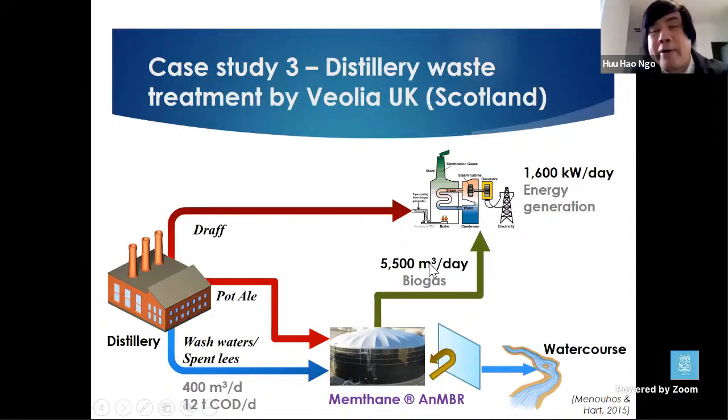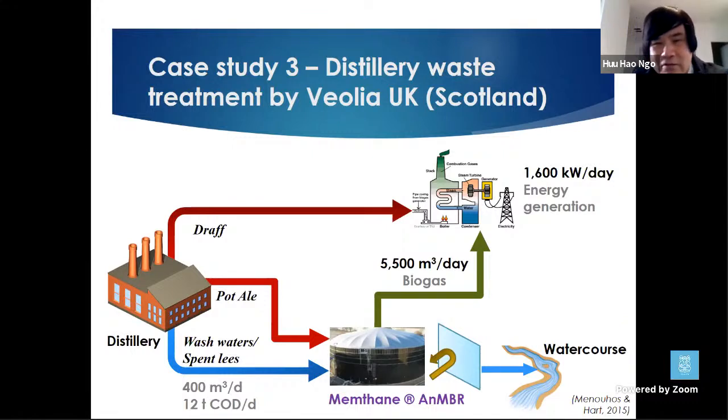When we talk about biogas, the major component is definitely methane, and then nitrogen, for example, or hydrogen sulfide, that kind of gas. But the major one is methane. This biogas can generate 1,600 kilowatts per day. All right, so that is really, really nice.